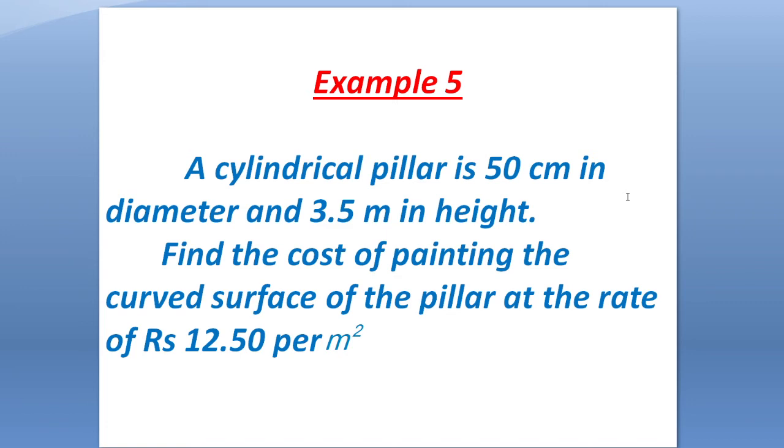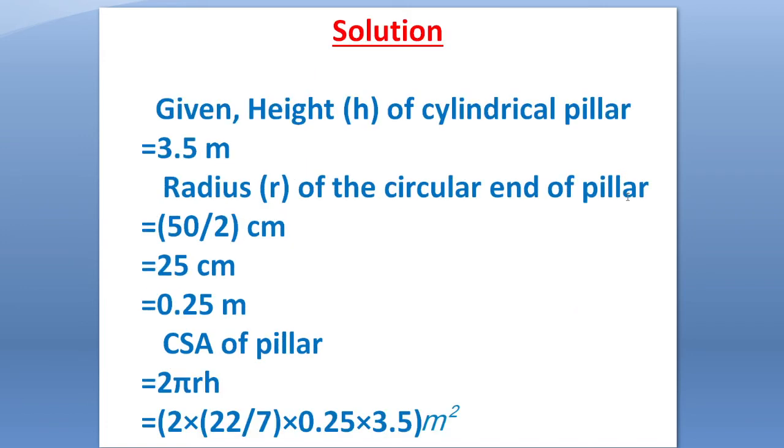So first we have to find out the curved surface area. Given height of cylindrical pillar is 3.5 meter, radius r of the circular end of pillar is 50 by 2 is equal to 25 centimeter. Convert it into meters, so it is 0.25 meter.